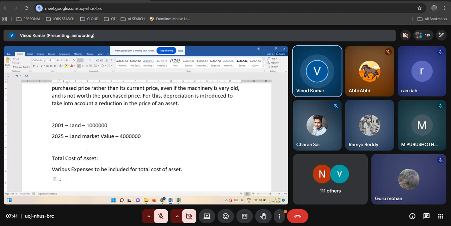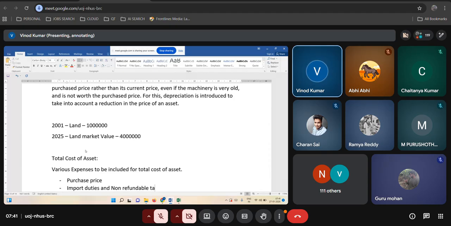So we need to include the total purchase price, and any taxes, that is import duties and non-refundable taxes.